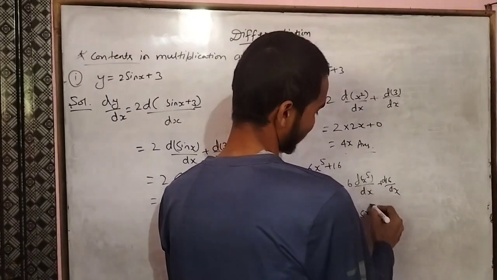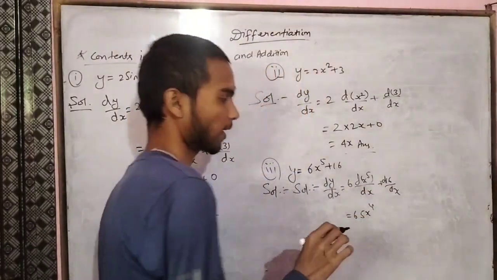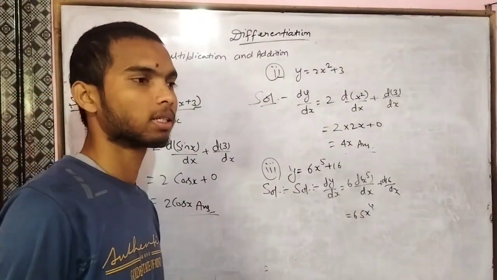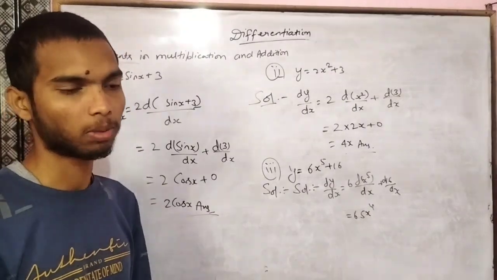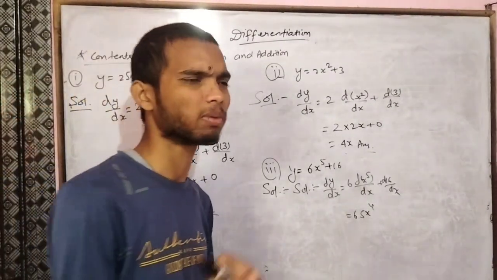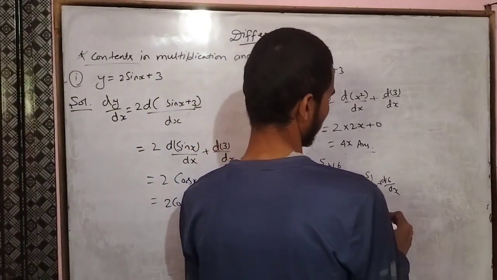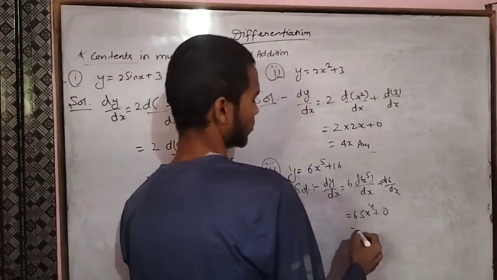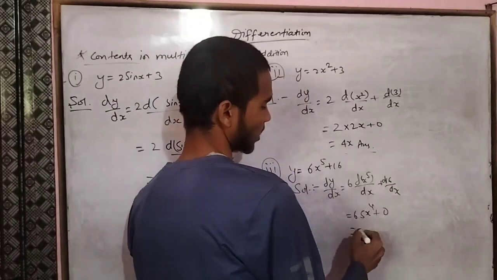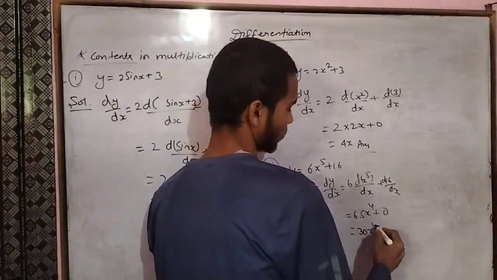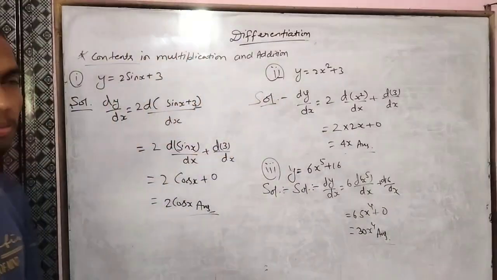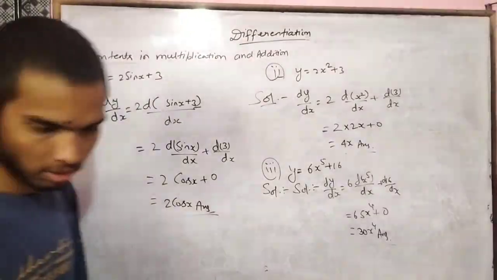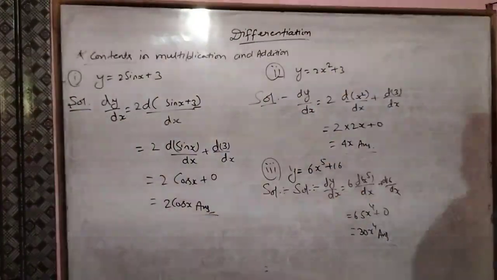So 5x power, you already know. If there is x^n, then the differentiation of x^n would be n x raised to the power n minus 1. Then 16 gives 0. 6 fives are 30. 30x^4. Simple. Just have a look. Then I would like to move on.